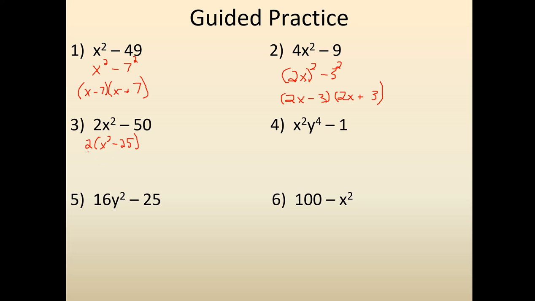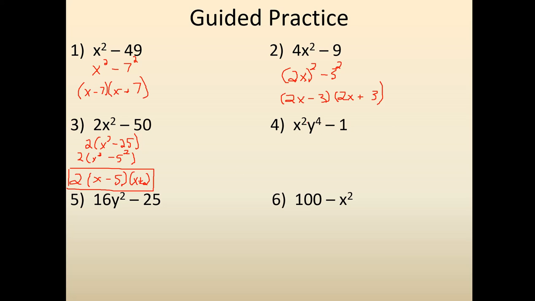Now I can rewrite this as 2 times x squared minus 5 squared, which then means that my factorization will be 2 times x minus 5, x plus 5. You want to make sure that you keep this 2 that you pull out throughout the whole process. But this is using the greatest common factor in order to simplify it a bit.